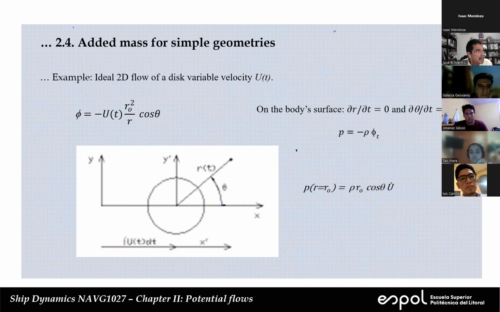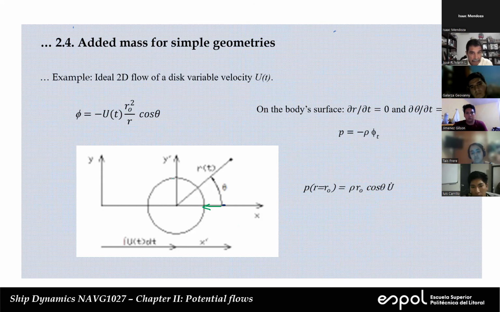Cosine of 0 is about how much, Galarza? 1. So the pressure will be positive. So will give us that value.